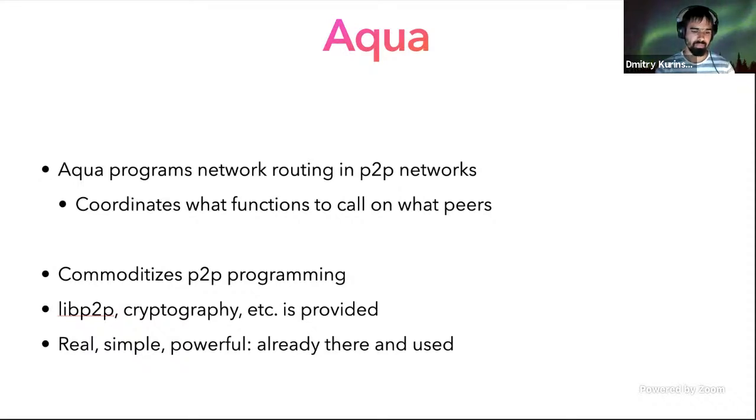So it's very easy to make peer-to-peer programs using Aqua. It's real, it's simple, it's powerful, and it's ready. It's ready to use. You can just take it and use.